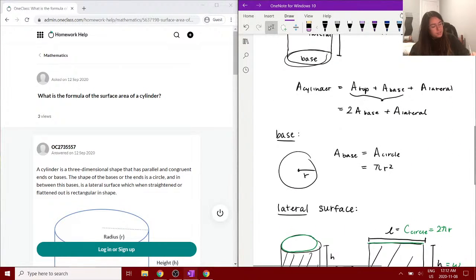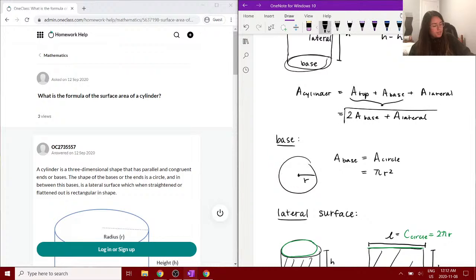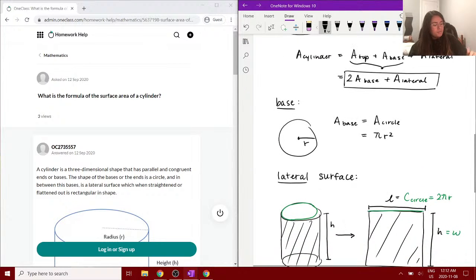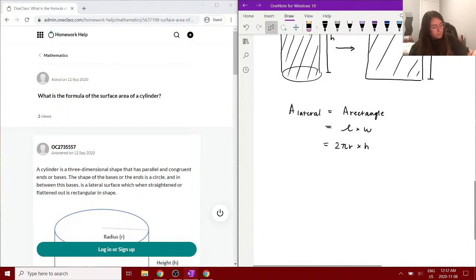So now all we have to do is go back up here and substitute everything we just found out into that equation we came up with before. So therefore, the area of a cylinder is equal to 2 times, I'll just write what we had before down here so it's easier to see all together, 2 times the area of the base plus the area of the lateral surface.